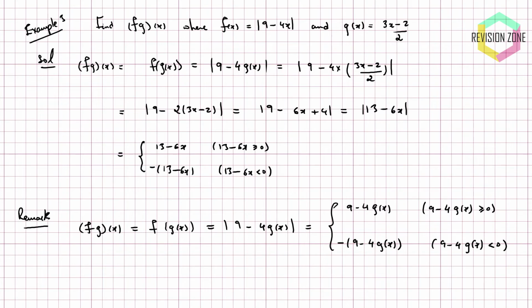So now, if you think about what's happened, we had 9 minus 4 times g of x here, right? And we substituted g of x here, and therefore, by the time we get to there, we've actually done nothing.